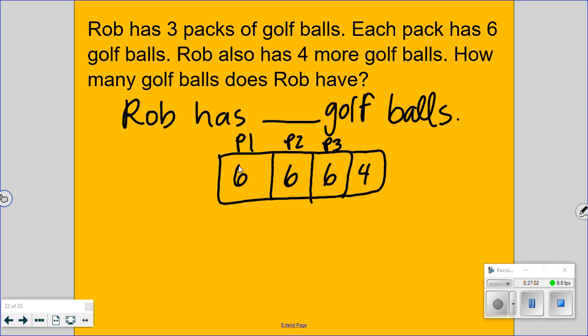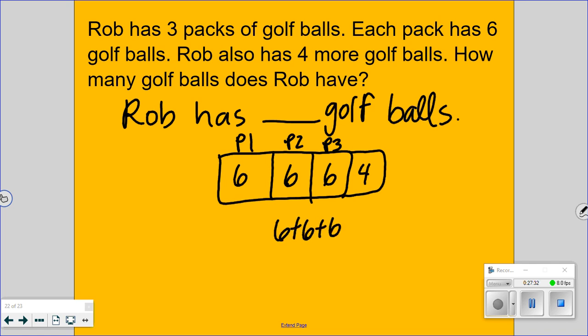This is where it gets tricky, because now, Ava, we need to make an equation. We've got a lot happening. Who thinks they can make an equation for everything? All right, Bowen, let's see if we can figure it out. So you have to add the 3 6s together. Okay, so what would my equation be? 6 plus 6 plus 6.